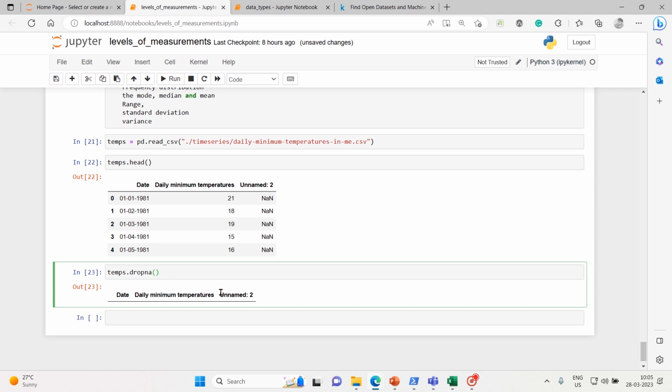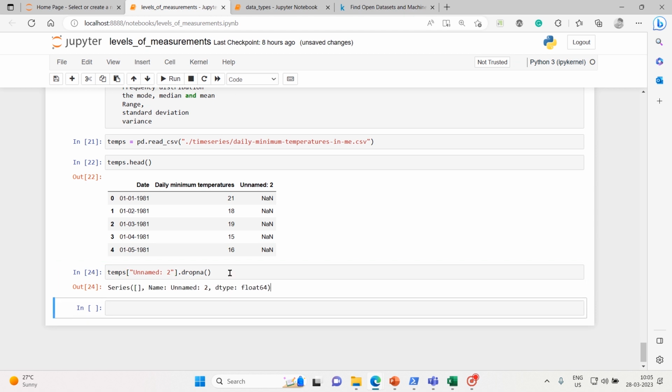Okay, each row has been dropped. Forgot to put that specific column, sorry, that's my mistake. Yep, the series itself is removed.